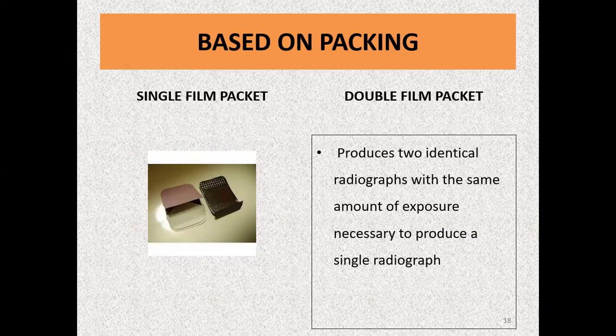And in double film packets, there will be two films placed inside the packet. And this is used to produce two identical radiographs with the same amount of exposure, which is necessary to produce a single radiograph. And this is used in duplicating films.